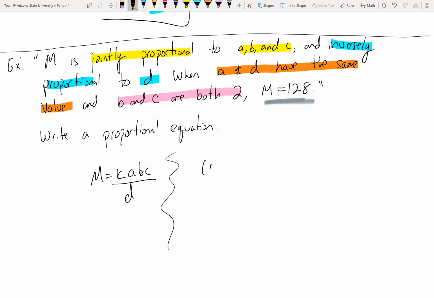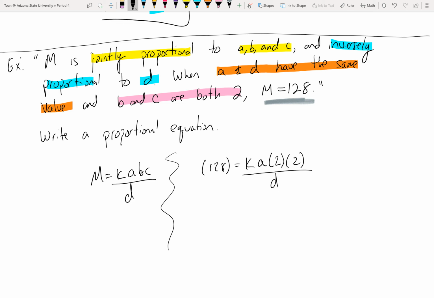M is 128 equals, they did not give me any information about K, so just leave it as that. They did give me information about A, saying it's the same value as D, but they didn't give me a number. They didn't say A is 2 or 5, so I'm going to leave it as a variable. They did say B and C are both 2s, so I can substitute those in. And likewise with D, they didn't give me a number, so I'm going to leave it as a variable.